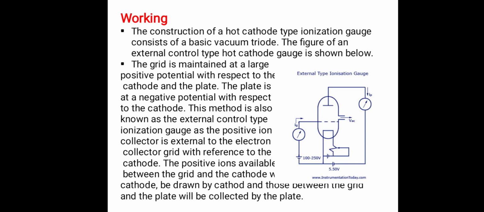In ionization gauges there is a cold cathode and a hot cathode type, and in the hot cathode type there is an external control and an internal control gauge. I am explaining the external control hot cathode first, and after that the internal control hot cathode gauge, the BA gauge, I will explain.